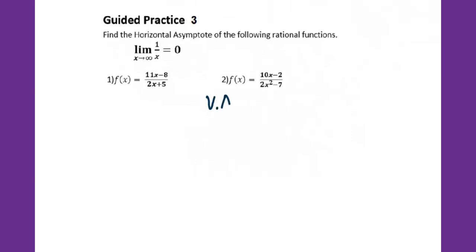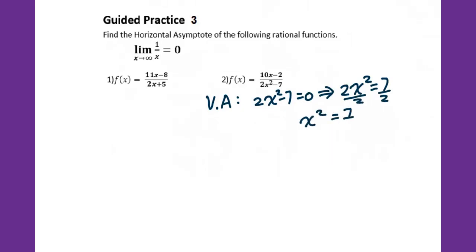Now let's go to number 2. For the vertical asymptote line, we make the denominator equal to 0. So add 7 to both sides, 2x squared equals 7. Then divide by 2, so x squared equals 7/2. X equals plus or minus the square root of 7/2.